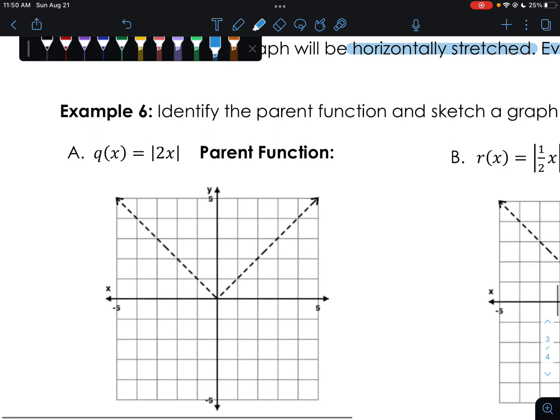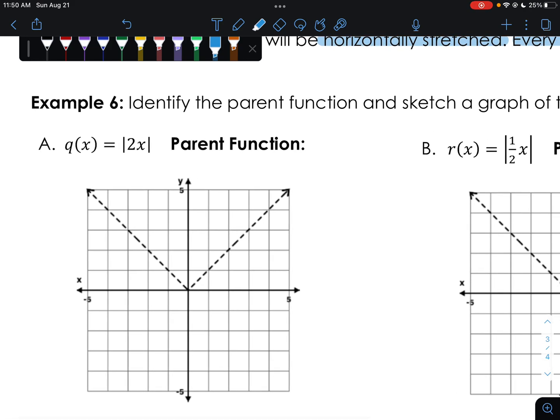So I look here, I have q of x equals the absolute value of 2x. I know that my parent function is the absolute value of x. So q of x could also be rewritten as f of 2x.